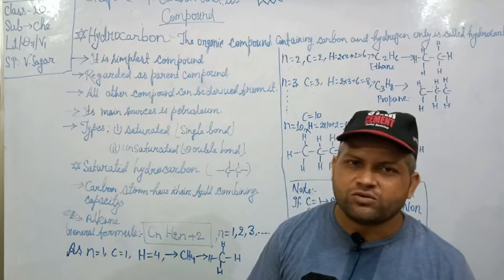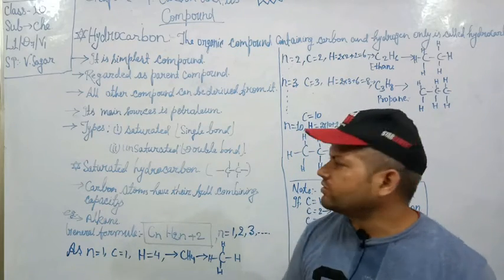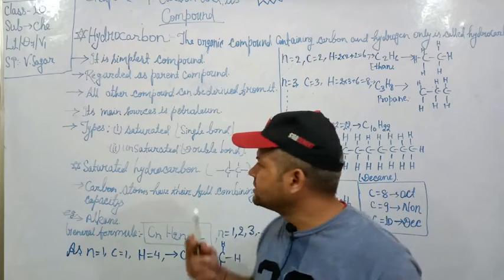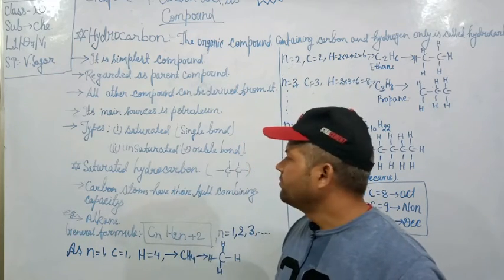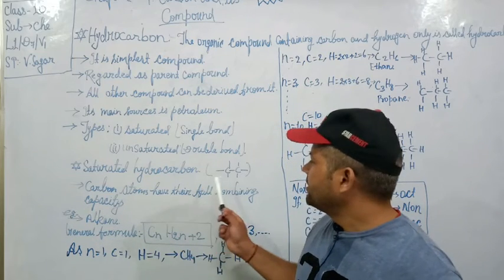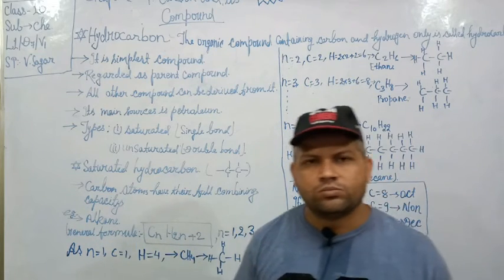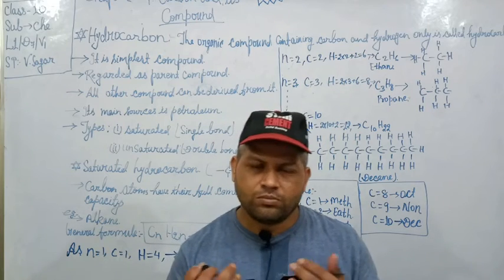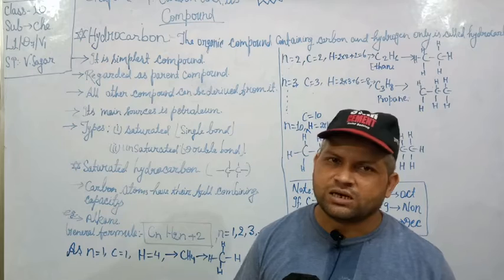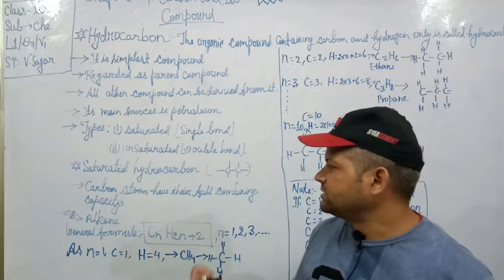As for the types of hydrocarbon, there are two types: first is saturated hydrocarbon and second is unsaturated hydrocarbon. What is a saturated hydrocarbon? Carbon atoms form single bonds with other atoms, either carbon or other elements.